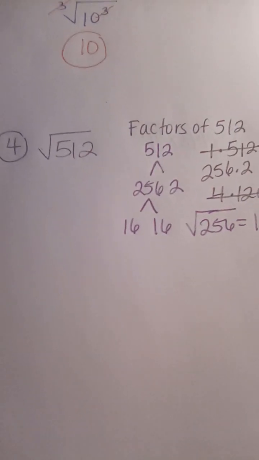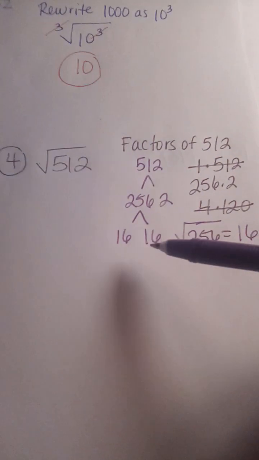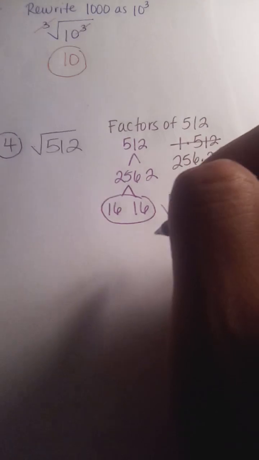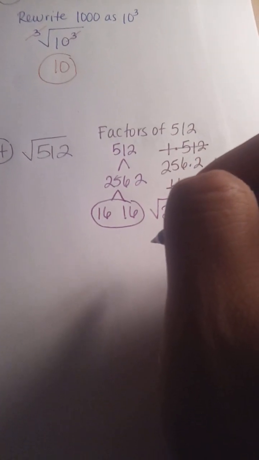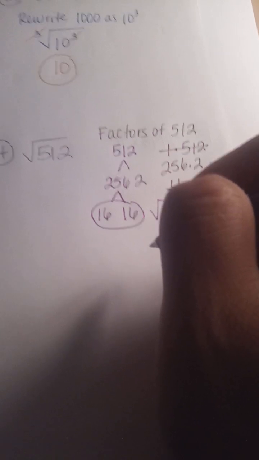Are we finished on this part? Yes. All right. Then what goes outside? The 16 or the 2? Outside the radicand? The 16, right?